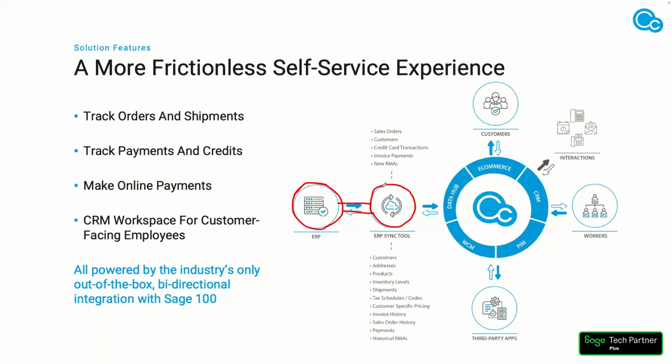So we're creating a field mapping of the big data as well as the small data. So that could be your customers, their bill tos, their ship tos, your products, their prices, their inventory levels, their quantity increments, all the way through tax schedules, order history, invoice history, things that are more client specific.